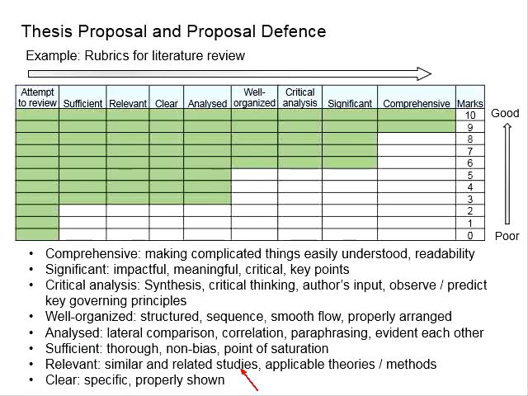Similar and related study, applicable theories or methods which are relevant to your research. And what does it mean by sufficient? It is thorough, not biased, and reaching the point of saturation. What does it mean by analyzed? That means there will be lateral comparisons, correlations, paraphrasing, evidence for each other, and so on.